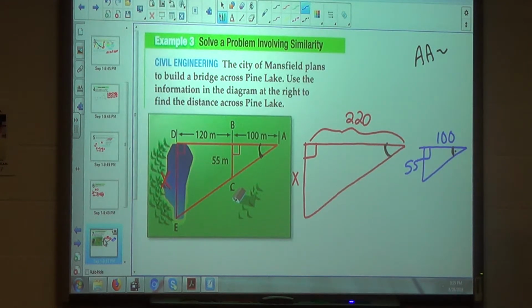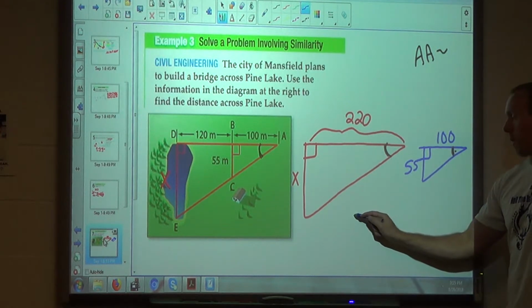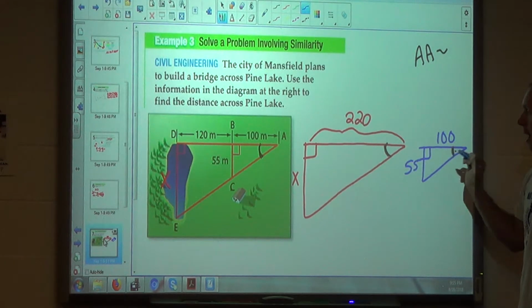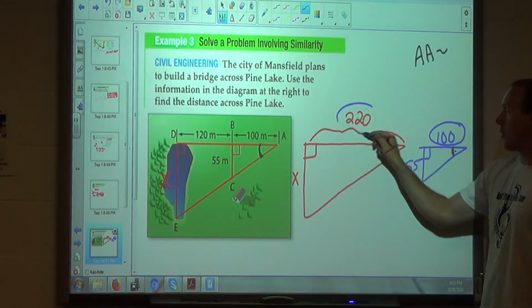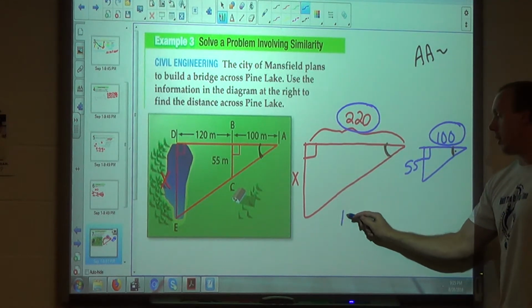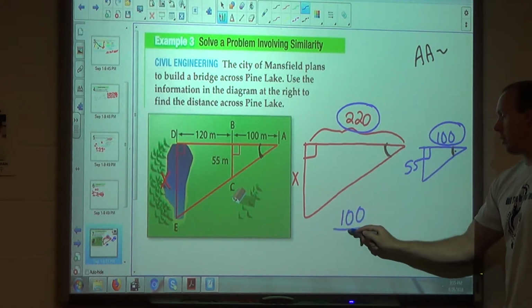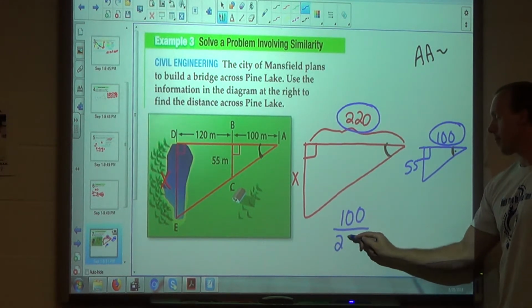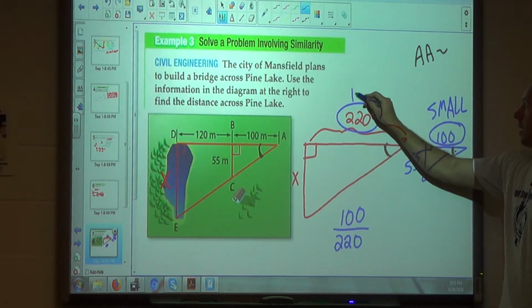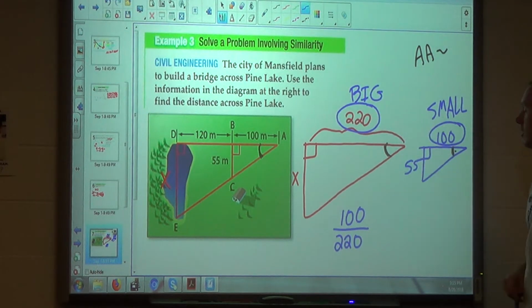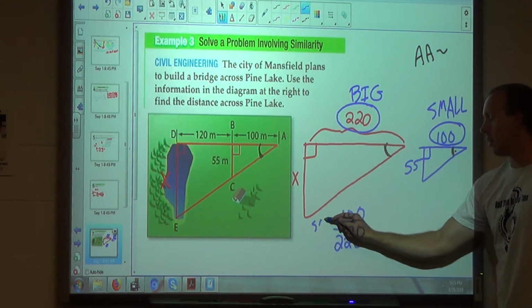So usually what I do for my proportion is I pick corresponding parts, so 100 would correspond to which side here? The 220. So I'd go 100, small, over big. So this is my small over big.